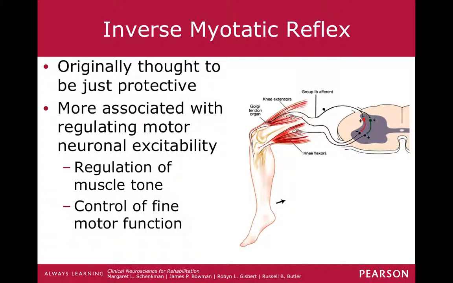As we've discussed before, the GTO reflex was originally thought to be just protective, but it is more associated with regulating lower motor neuronal excitability, and therefore the regulation of muscle tone, and to a certain extent the control of fine motor function by regulating the excitability of lower motor neurons.